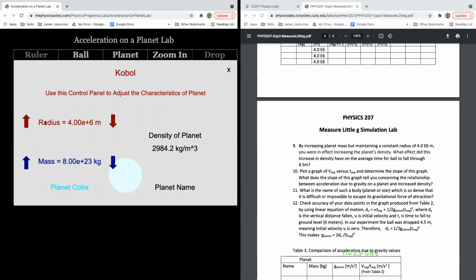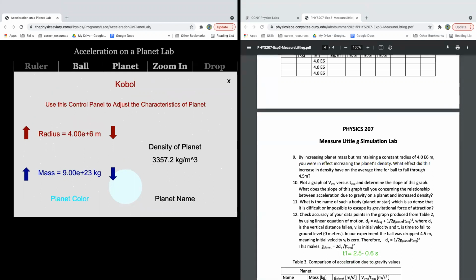So now we keep the radius as the smallest radius, and remember that density is rho, and if we increase the mass, you see the density will increase, because the mass equals rho times V, where V equals 4/3 π r cubed.